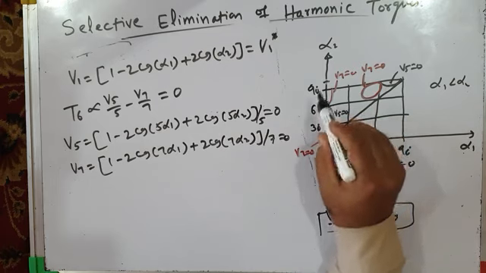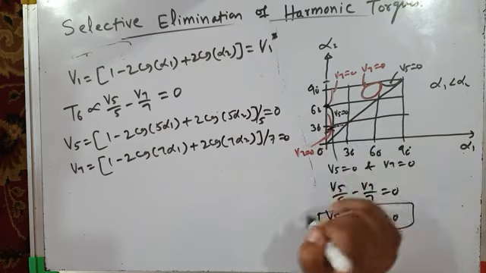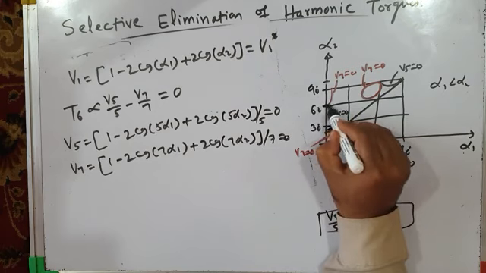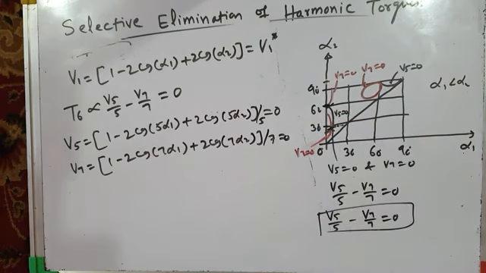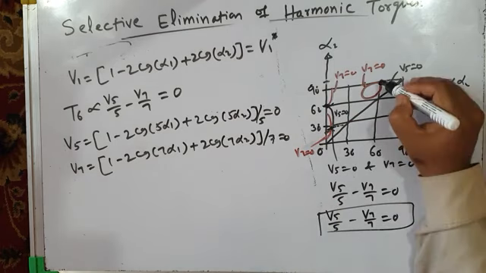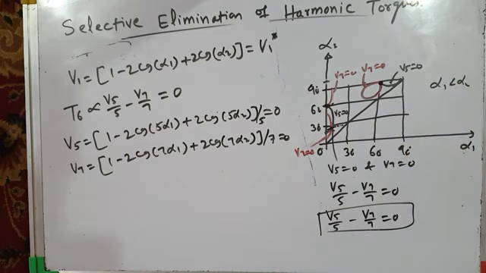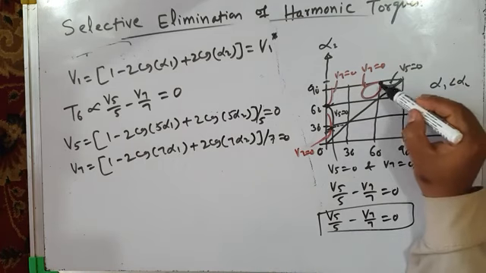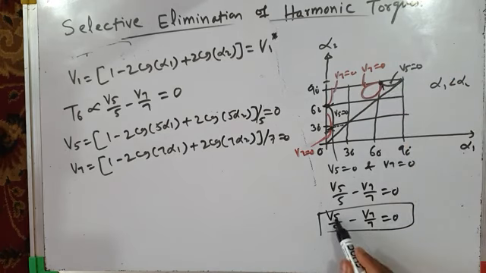So here also you can see V5 is equal to 0, V7 is equal to 0, and in the vicinity also you can find V5 by 5 minus V7 by 7 equal to 0. Another point of intersection is this. Here also you can find V5 equal to 0, V7 equal to 0, and in the vicinity there are certain solutions where V5 by 5 minus V7 by 7 equal to 0.